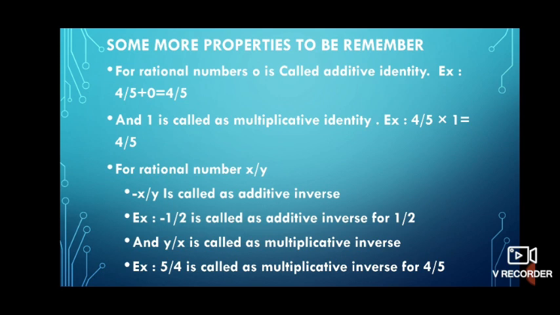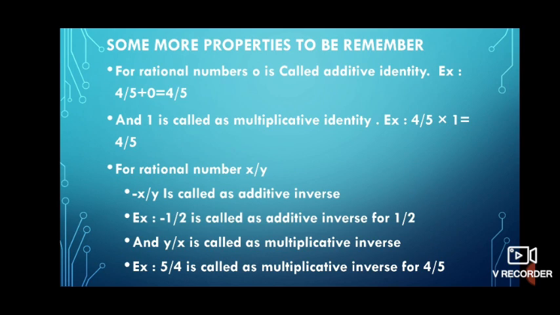So for rational numbers, 0 is the additive identity. If we take multiplication, with what number do we multiply to get the same number as a result? That is 1. So 1 is called the multiplicative identity, that is 4 by 5 into 1 is equal to 4 by 5.